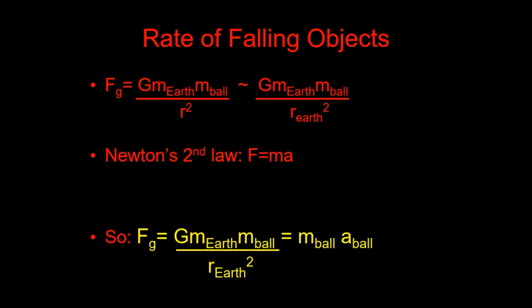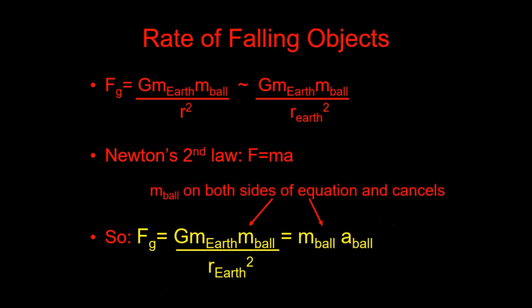We also know that F equals ma. The force on the ball is equal to the mass times acceleration, and it's equal to G m m over r squared, for any ball which is dropping under the action of gravity, we can make this calculation. G m m over r squared equals ma. The mass of the ball appears on both sides of this equation, and of course will cancel out.